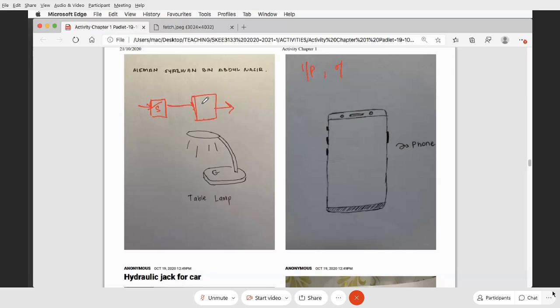Or if you cannot control it and you just switch it on and off, this becomes open loop. Just switch on or off, the lamp will turn on or turn off. That is open loop, but still automatic control, but an open loop system.